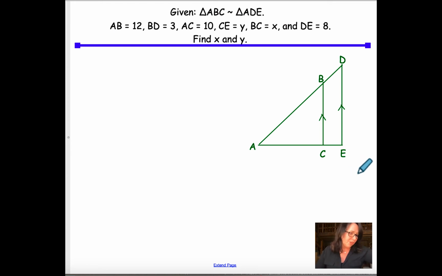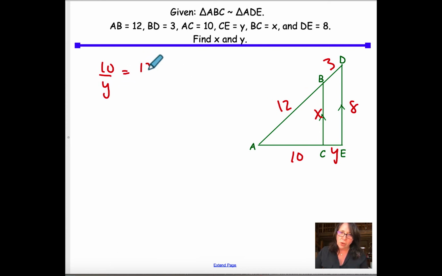For these problems here, more similarity problems, we know that AB is 12. We know BD is 3. AC is 10. CE is y. BC is x. And DE is 8. To find y, I would go 10 is to y, left side is to left side, as 12 is to 3.